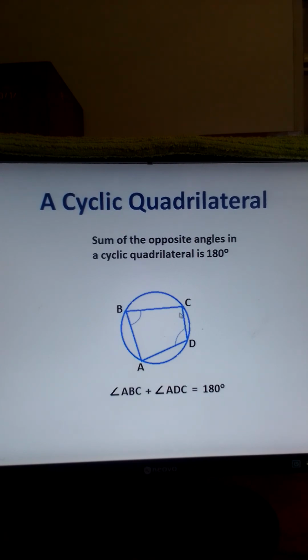So for this cyclic quadrilateral, the sum of angle ABC and angle ADC is equal to 180 degrees. So this angle plus this opposite angle is 180 degrees, or this angle A and this angle C, their sum will give you 180 degrees.